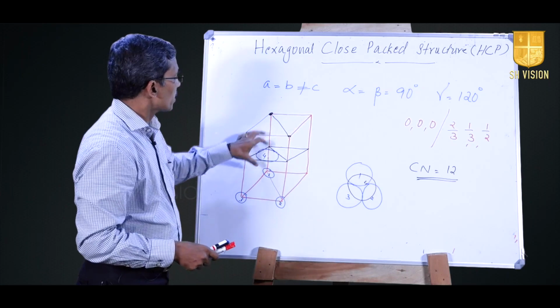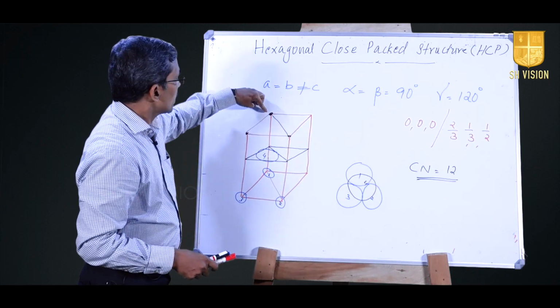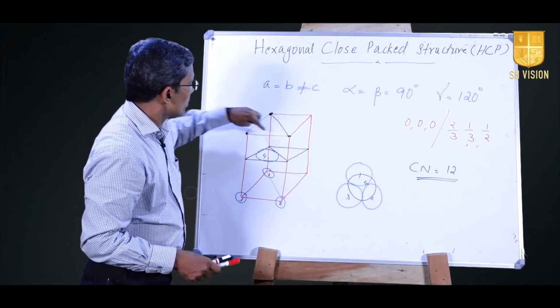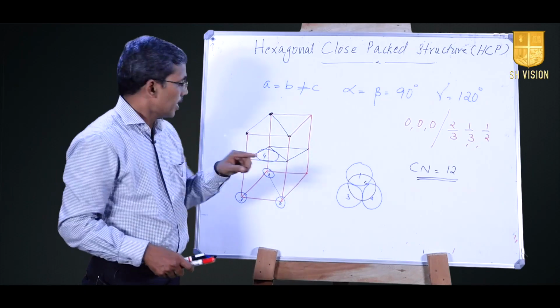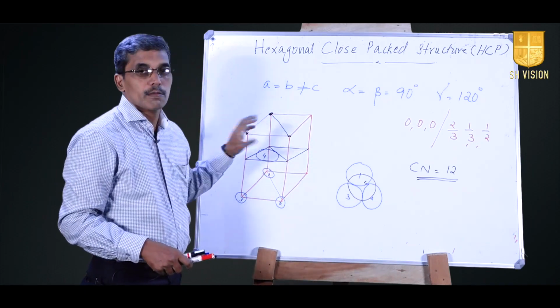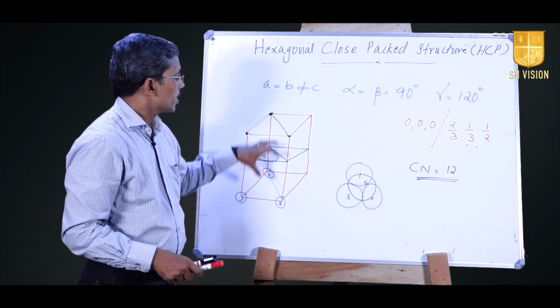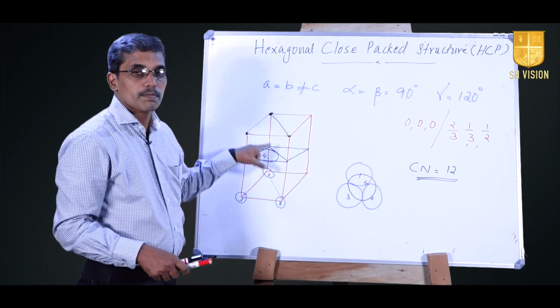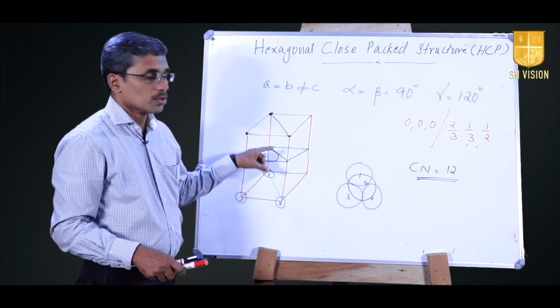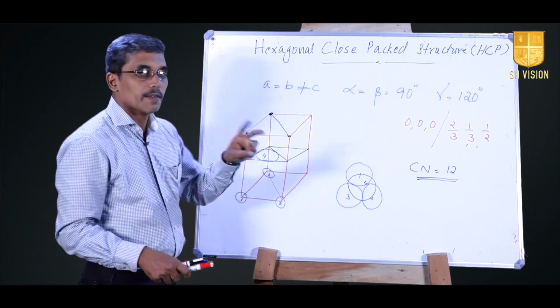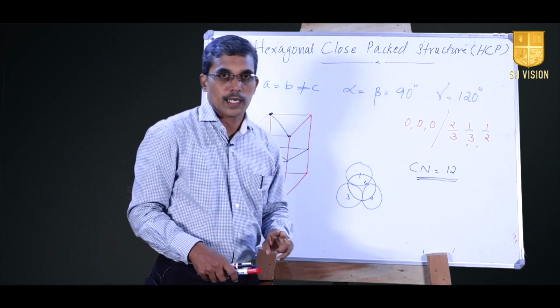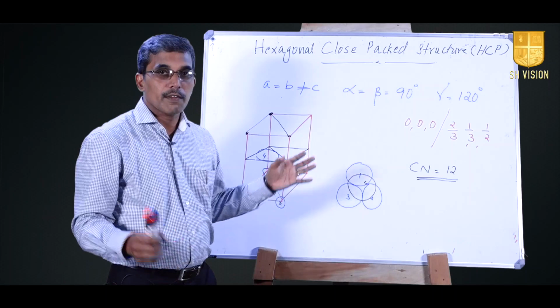When we analyze the number of atoms per unit cell, these corner atoms contribute 1 and there is one atom well within, that will be 2. So, the total number of atoms per this Bravais lattice will be 2. This type of Bravais lattice has 2 atoms per unit cell.